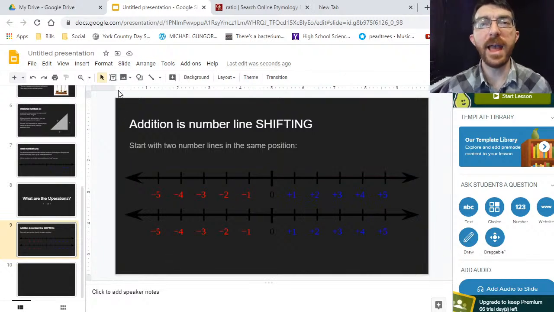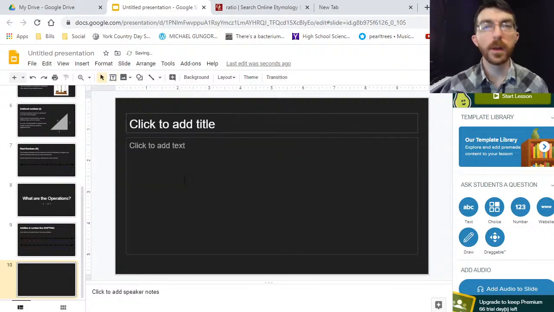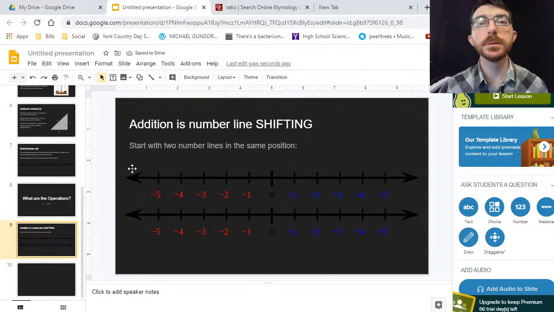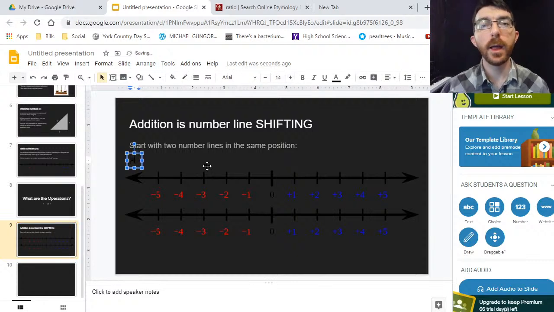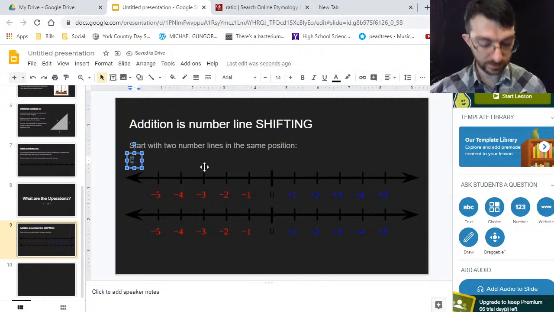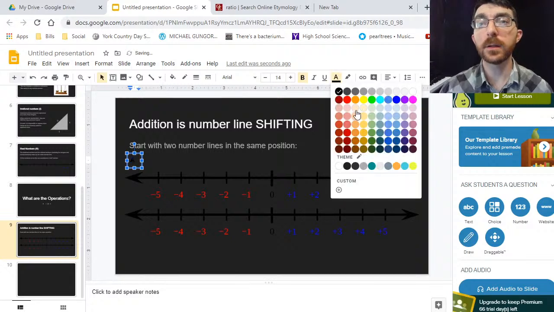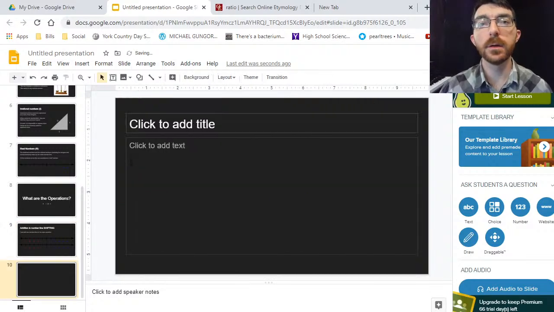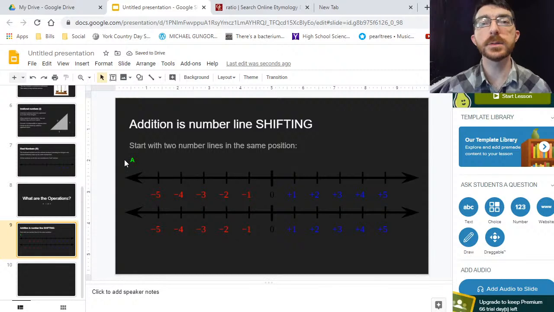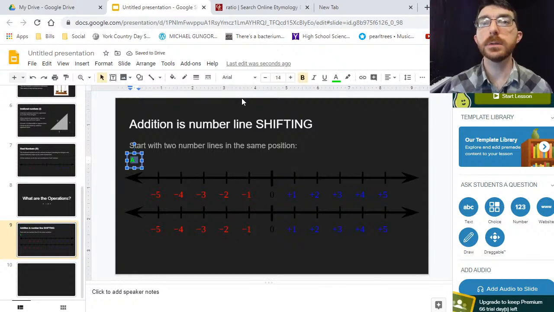Maybe one of them is A, one of them is B. A, let me make that nice and easy to read. The color will be green. Stop it, mouse. You're embarrassing me.